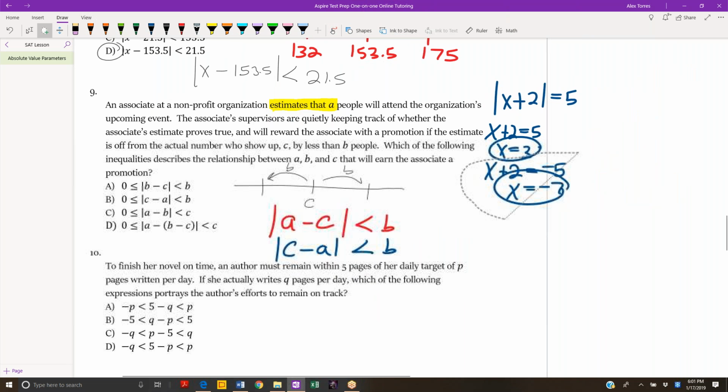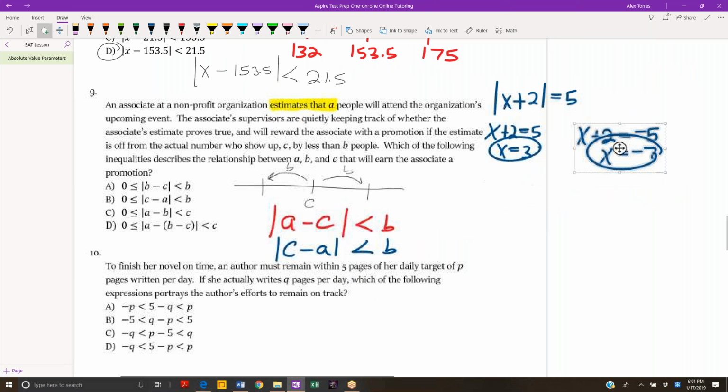So we said that we were going to solve by breaking this into this side or this side, right? Just leaving it alone and setting it equal to the negative. So if we had an absolute value inequality, like we have here, C minus A less than B, we're going to do the same thing.